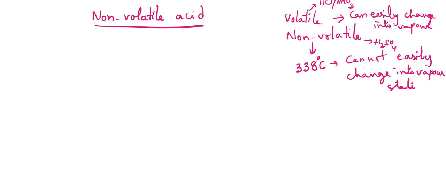To prove that sulfuric acid is a non-volatile acid, how do we write the equations? The general equation is salt plus acid, and the products formed are also a salt and an acid.